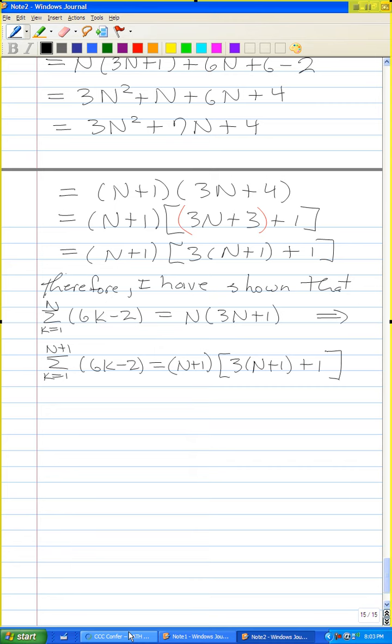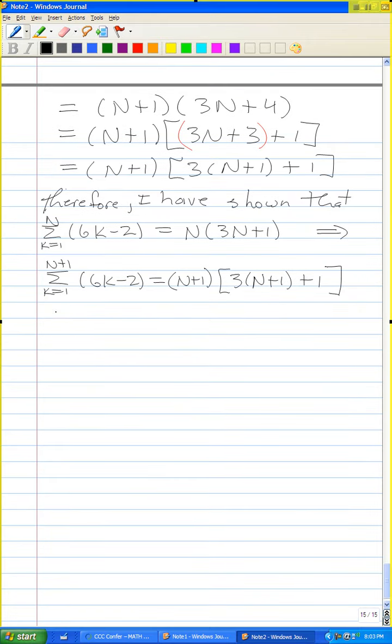Okay. So the induction case holds. So thus, so therefore, but these words are necessary.